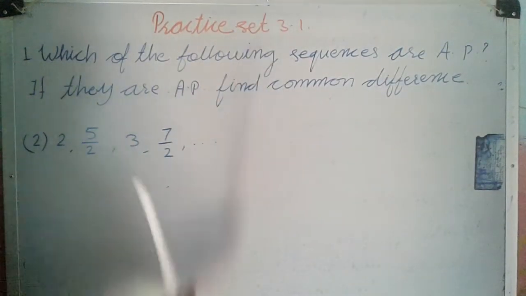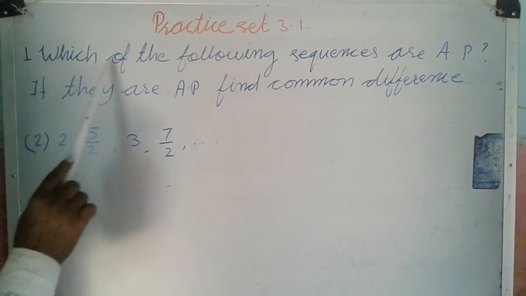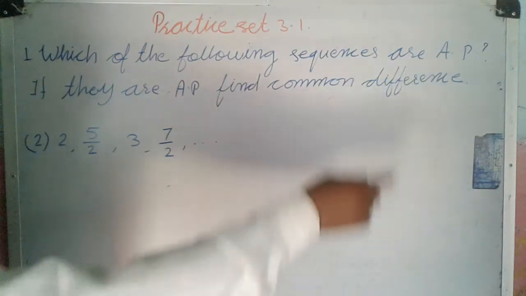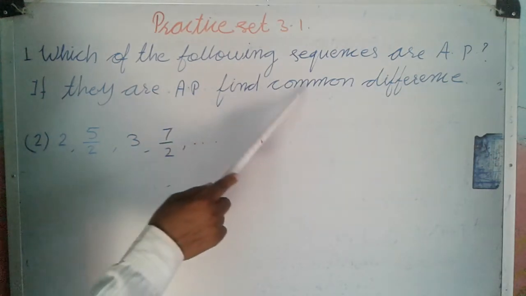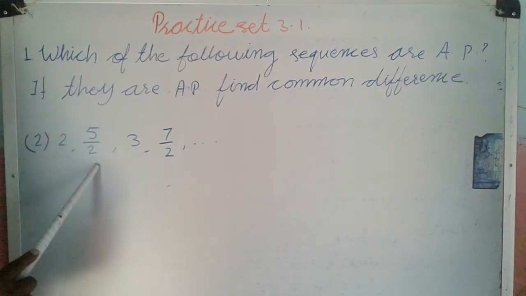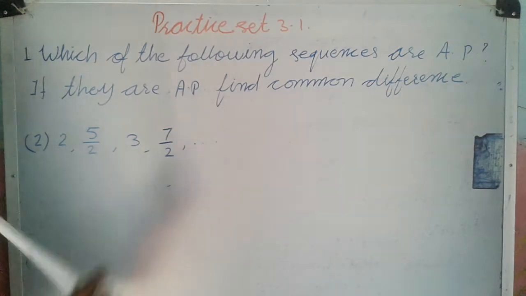Now practice set 3.1. Question number 1. Which of the following sequences are AP? That means arithmetic progression. If they are AP, find the common difference. Example 1. The sequence is given: 2, 5 upon 2, 3, 7 upon 2, and so on.